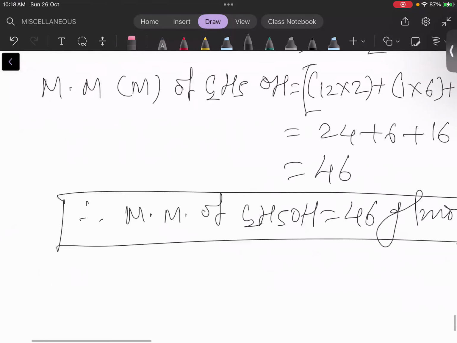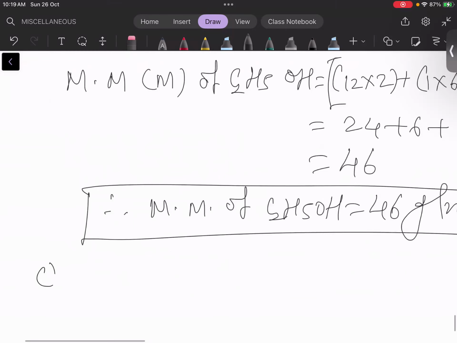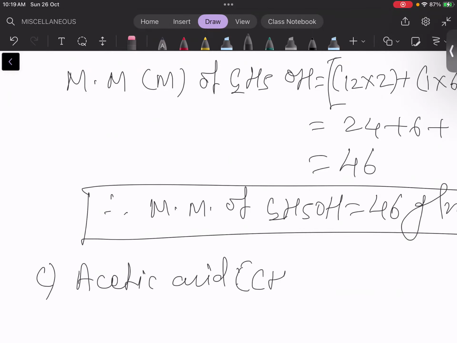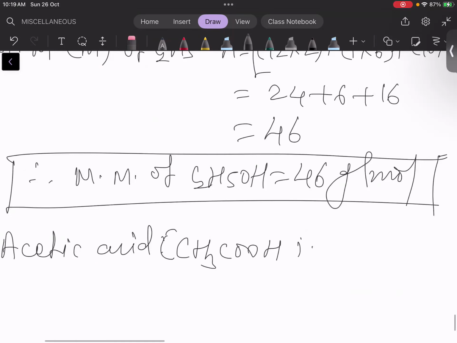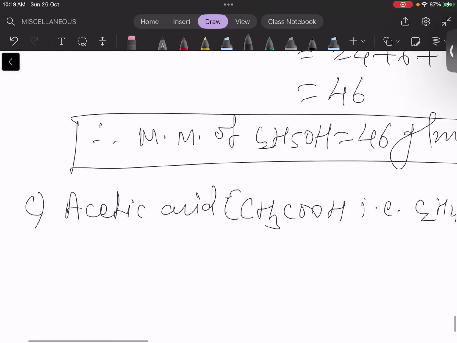Similarly, one more I'll calculate. Acetic acid. Its formula is, anybody knows? CH3COOH. Very good. That is C2H4O2, right?